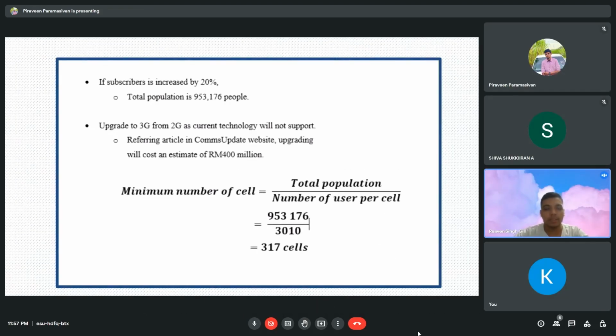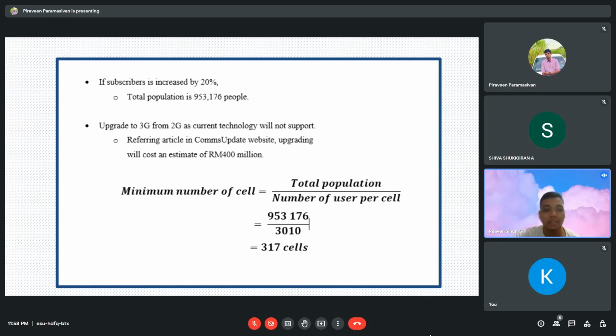So next is to estimate the additional investment needed in 5 years when there's an increase of 20% in subscribers. So if there's an increase of 20%, then the total population will be 953,176 people. This will also require upgrading the 2G line to 3G technology, because the current technology will not support the total population.